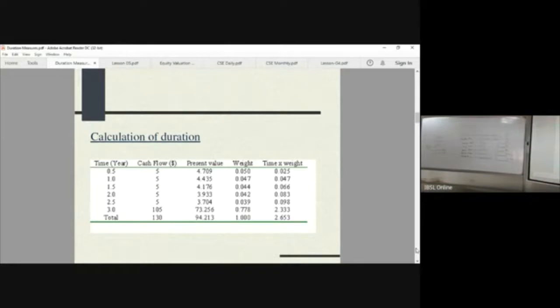Now how do you get the present value? 5 divided by 1.06. Just see whether you get the answer. You know why we have done it? Because YTM is 12% per annum, for half year it is 6%.